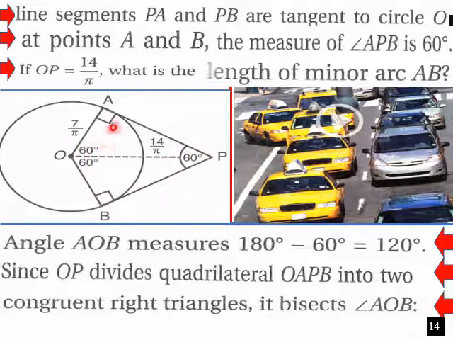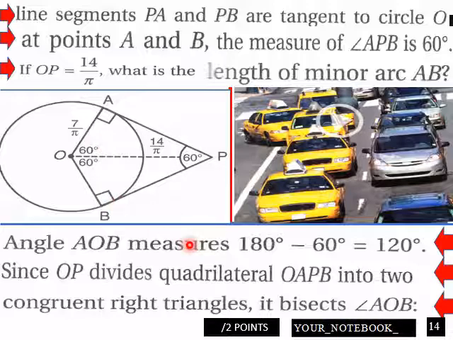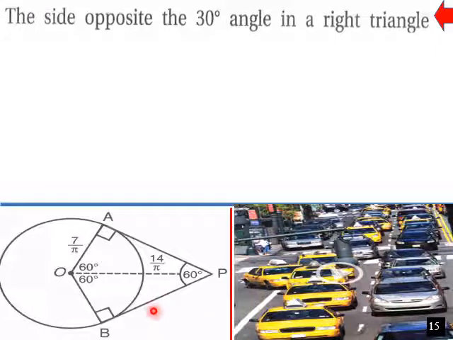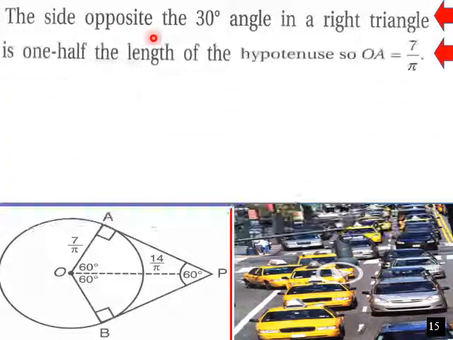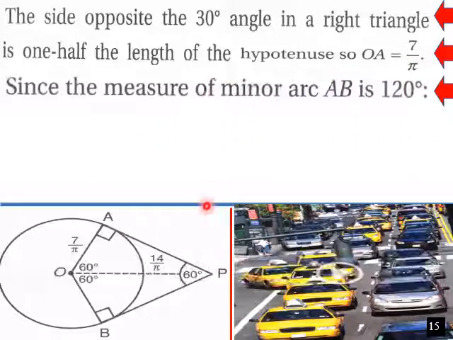So this is a 30-60-90. The side opposite the 30-degree angle in the right triangle is 1/2 the length of the hypotenuse. So OA, right here, is 7 over pi.